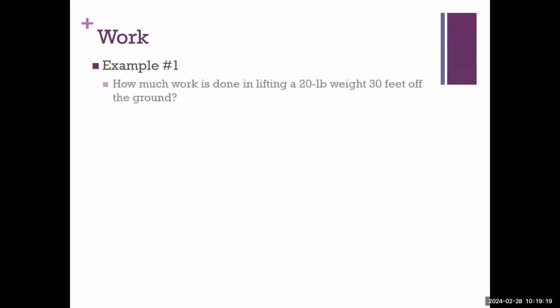So let's do some things with this. I've got an example here. I'm going to lift a 20-pound weight. I'm going to hoist it 30 feet off the ground, and I want to find the work done there. How can I find that work? What do I know about the force here? Always constantly 20 pounds.